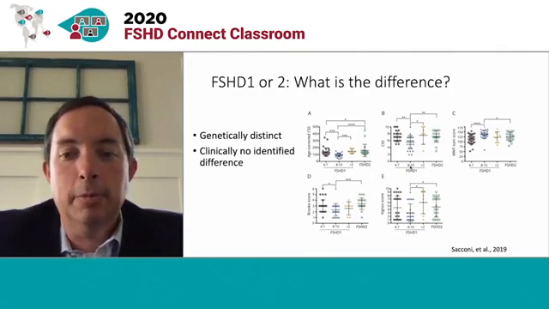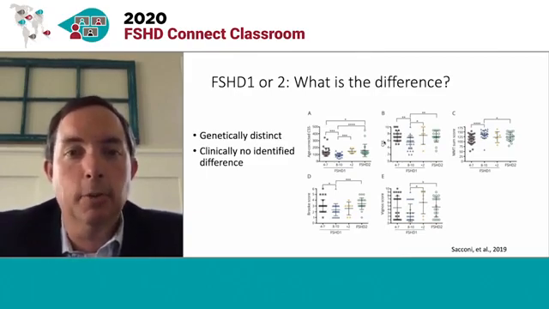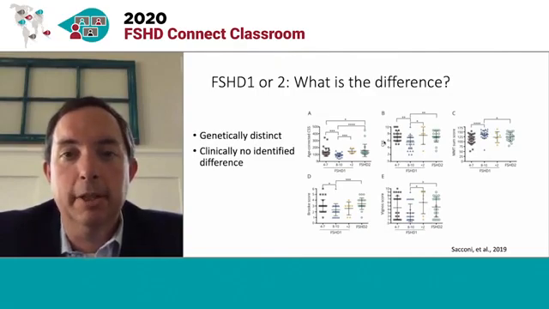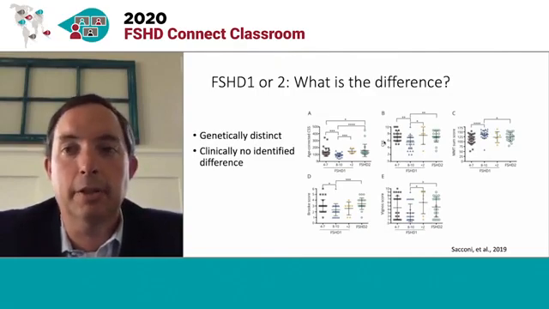Here, this paper from Dr. Sacconi and others looks at the clinical severity score, that aggregate severity score, across different repeat lengths of FSHD1 and then FSHD2, and you can see by and large that there's very little difference in the clinical severity across the board in either FSHD1 or FSHD2. I personally can't tell when I see somebody in clinic whether they have FSHD1 or 2, because at the end of the day, it's related to DUX4, the same pathogenic mechanism, and that leads to the same basic clinical phenotype.